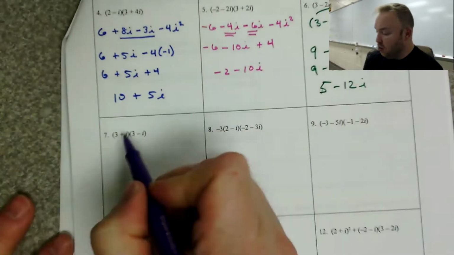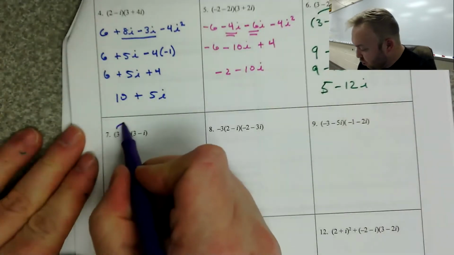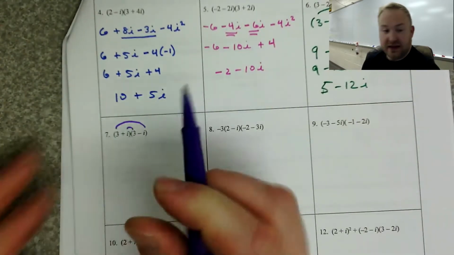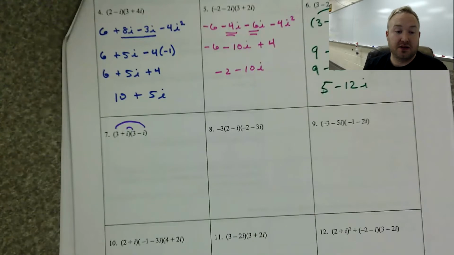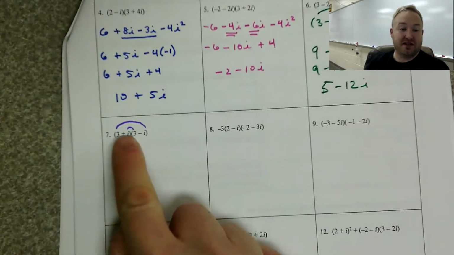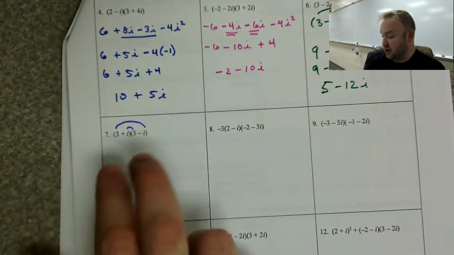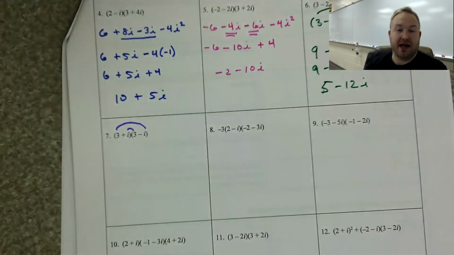This time, we have what we remember to be a difference of squares, where the outer product and the inner product are going to cancel each other out. You'll notice that these two complex numbers are exactly the same, except one's a positive and one's a negative. Every time you have that situation, that outer and inner product are always going to cancel each other out, -3i and +3i.